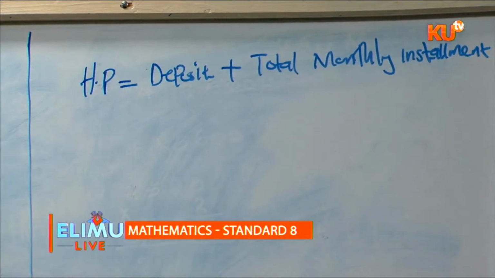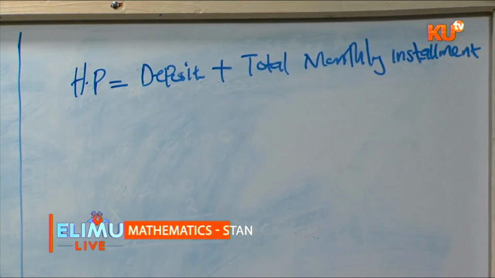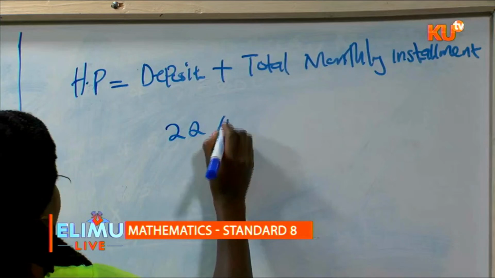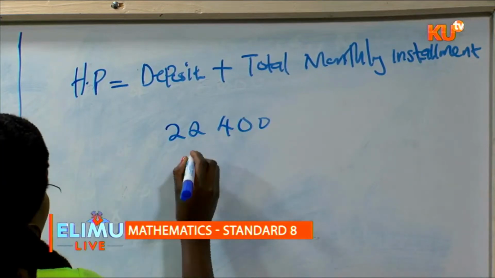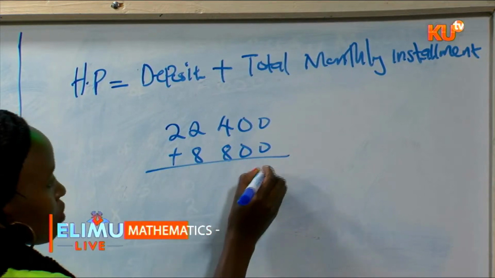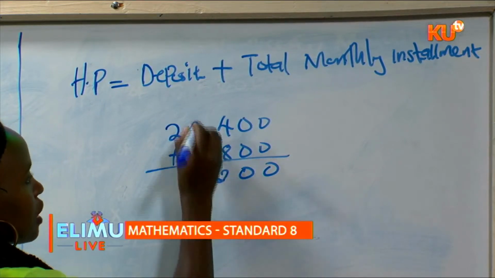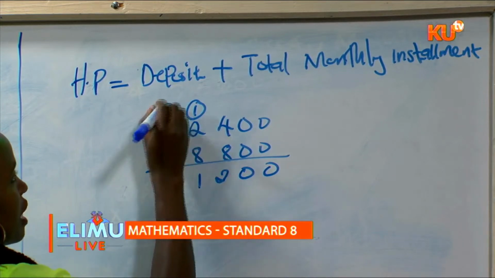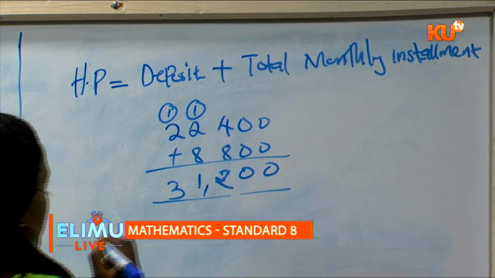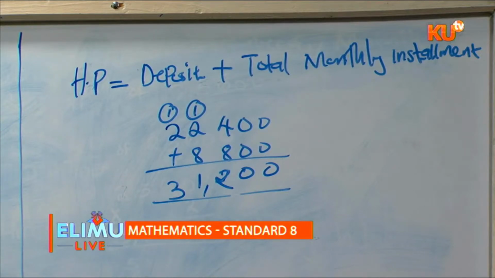So the deposit is here, 8,800, and then we have the total monthly installment of 22,400 plus 8,800. So we are adding: 12 carry 1, 11 carry 1, 3. That is 31,200. That 31,200 was the hire purchase.